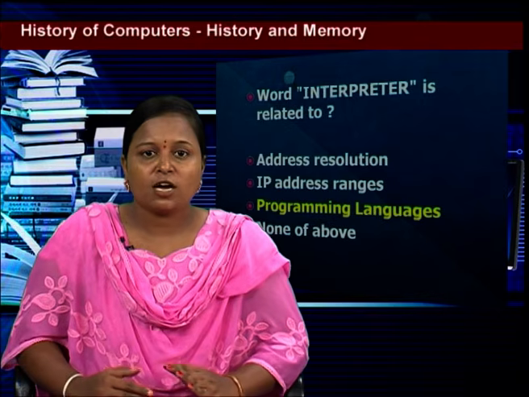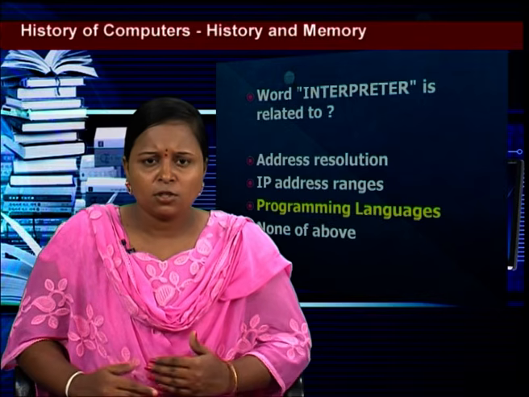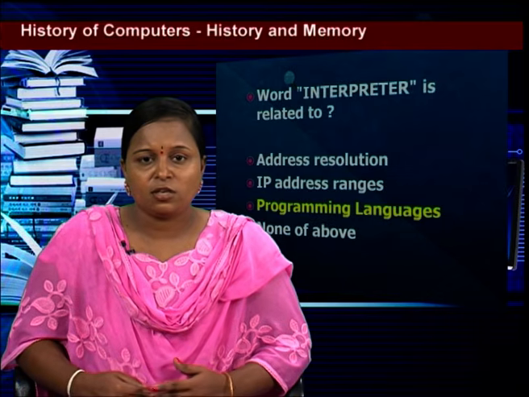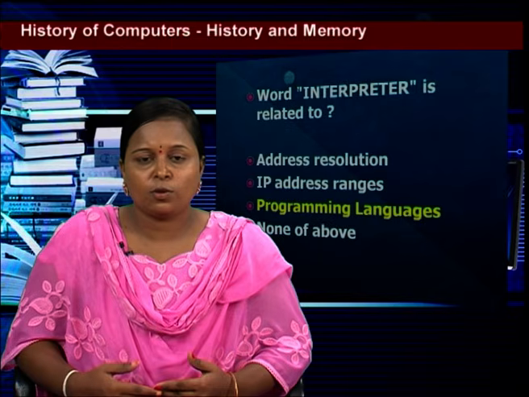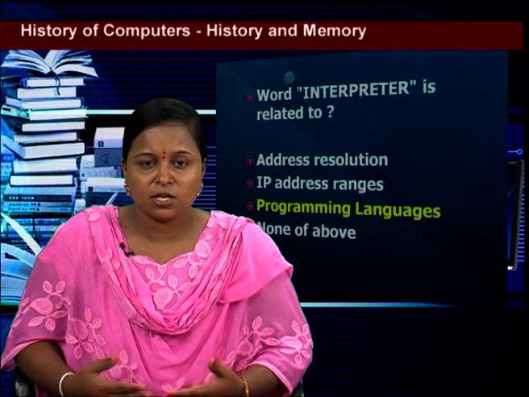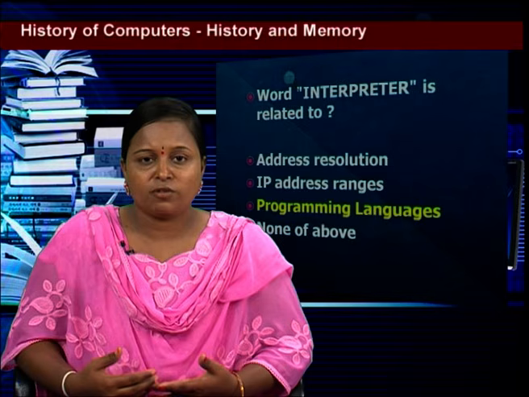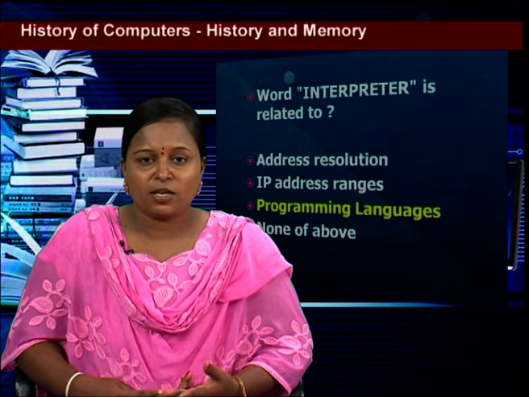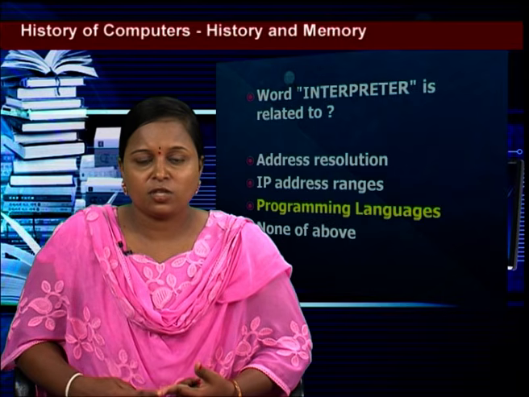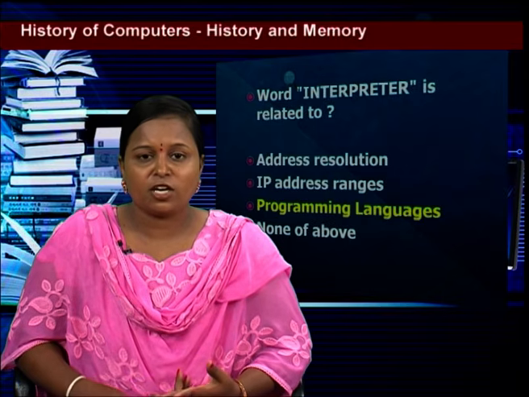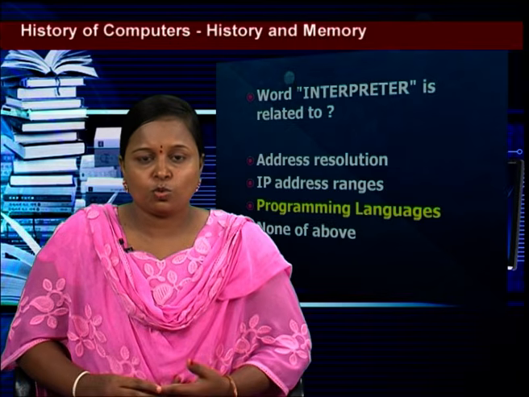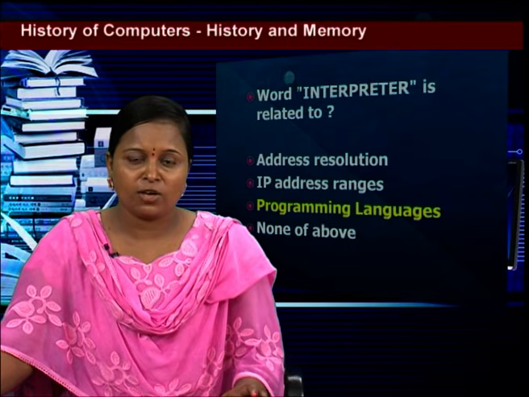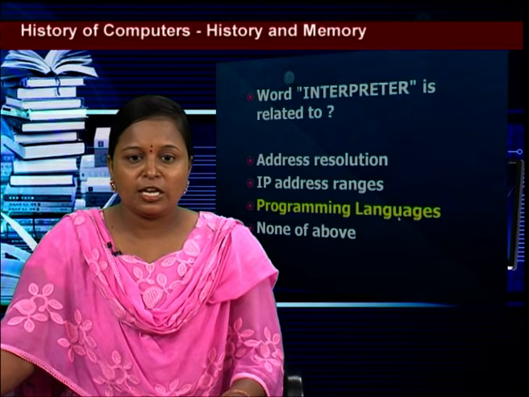Whenever the program is written, at the time of ending it will convert, and after converting, if there are any errors or mistakes, it shows them. There are two types of conversion, interpreter and compiler, both relating to programming languages.